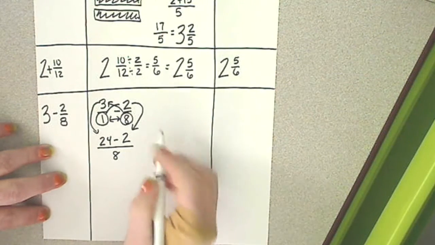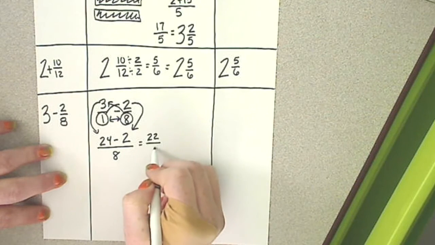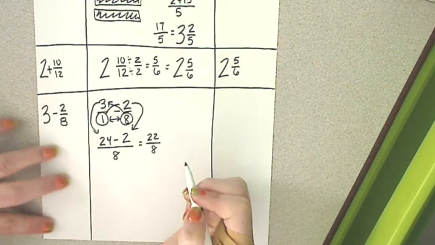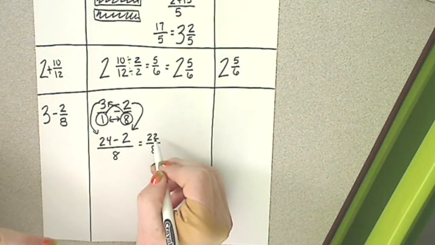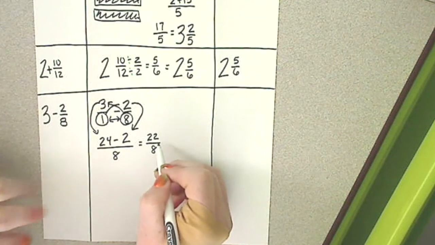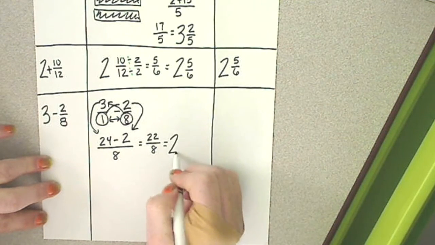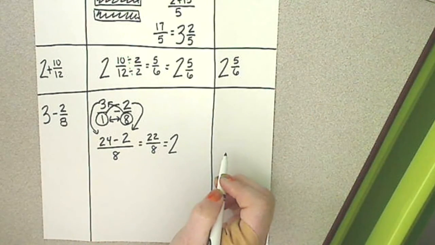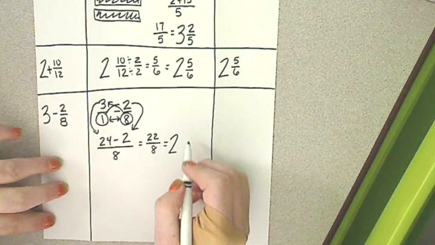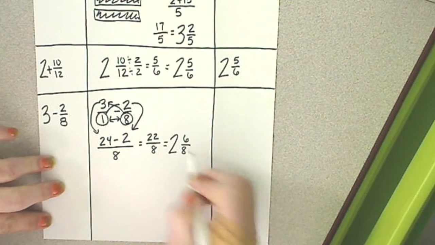So 24 minus 2 is 22. Our denominator stays the same. Now, 8 times 1 is 8. 8 times 2 is 16. 8 times 3 is 24. We don't have enough to fit 3 wholes, but we do have enough to fit 2 wholes, and 22 minus 16 is 6. So that leaves us with 2 and 6/8.